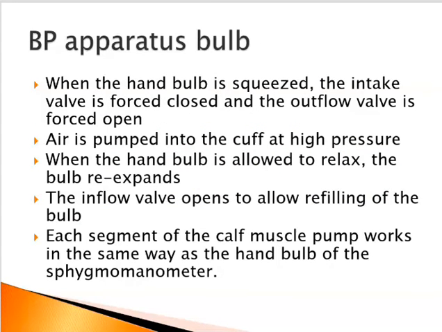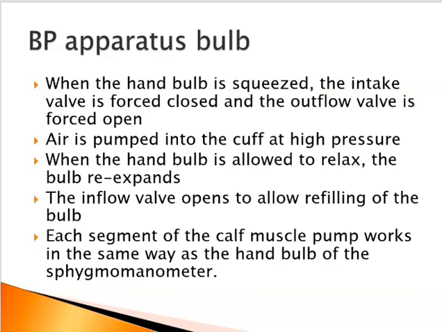Coming to the bulb of the BP apparatus, when the hand bulb is squeezed, the intake valve is closed and the outflow valve is forced open. Air is pumped into the cuff at high pressure.